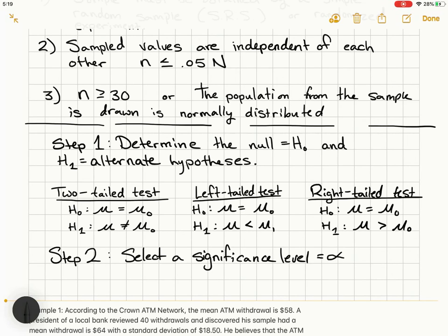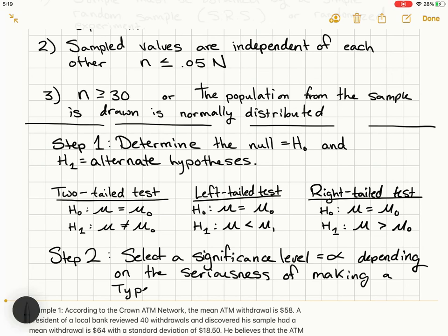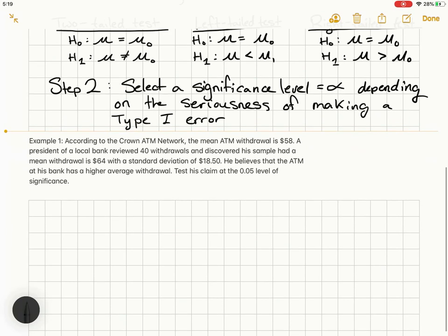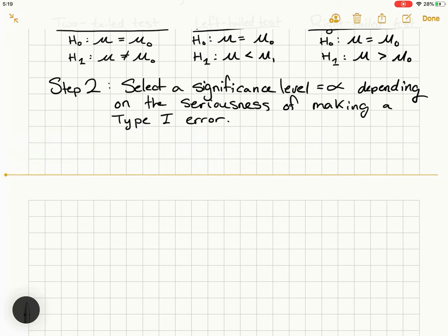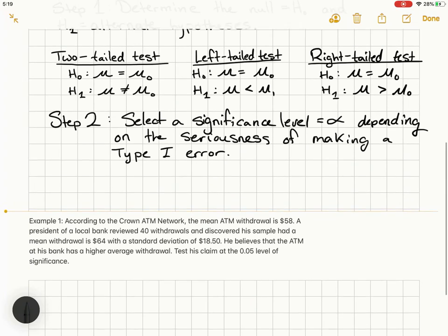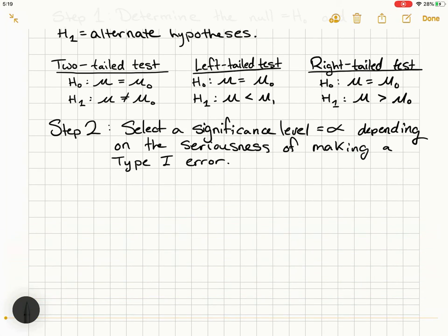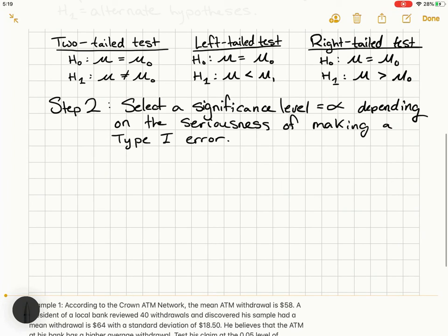So your significance level is called alpha, and your choice depends on the seriousness of making a type 1 error. Let's make some more space here. Okay, step 3.